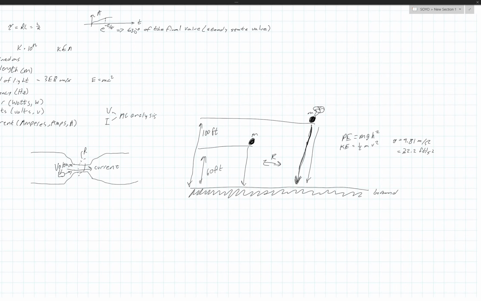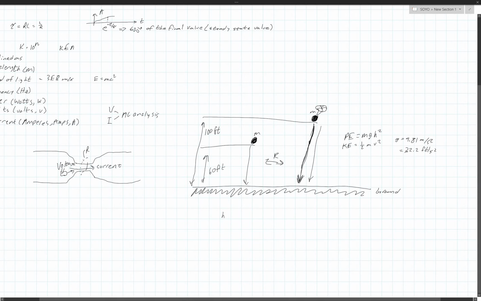But if you have a higher voltage, which is what this height is, so the height is comparable to the voltage, then if you have, let's say, 60 volts or 100 volts, and the same resistance, you have a higher current.